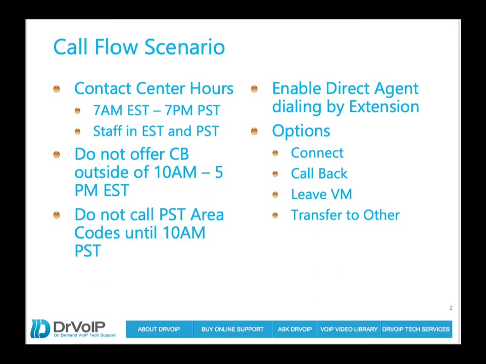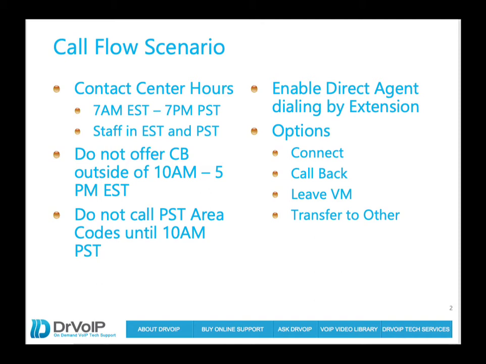The challenge is, what happens if it's 5 o'clock Monday, someone calls in and leaves a callback request? That callback request is put in the callback queue. But let's assume it's not handled by the end of the day. The first person that logs in the next morning is going to get that callback.